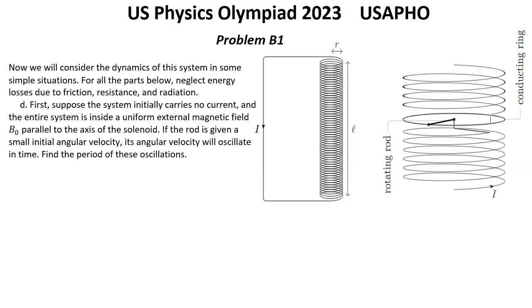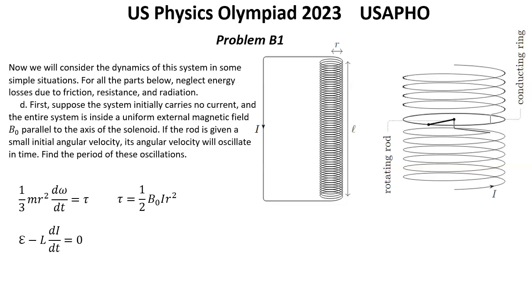Solution. Here we can use results which we got in previous parts. For the rotational motion of our rod, we have 1/3 m r squared multiplied by delta omega over delta t, which is angular acceleration, equal to the torque applied to this rod. We remember that the torque was 1/2 B0 I r squared. Due to Kirchhoff's loop rule, we have EMF minus inductance L multiplied by delta I over delta t equals 0.